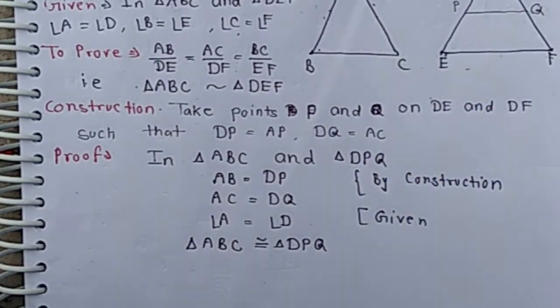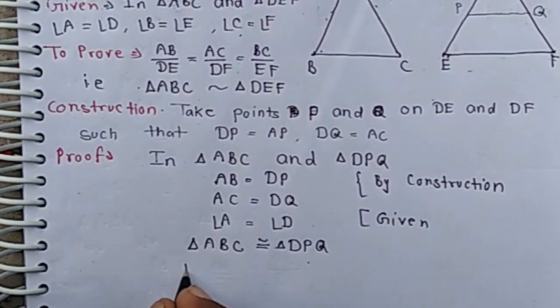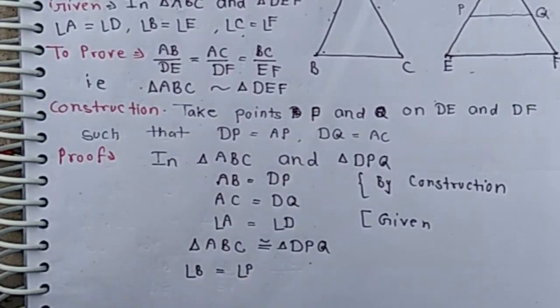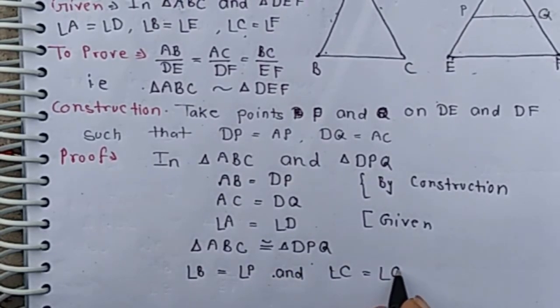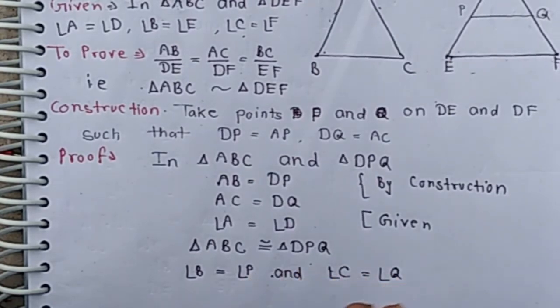Since triangle ABC is congruent to triangle DPQ, angle B is also equal to angle P and angle C is equal to angle Q. We know that if two triangles are congruent, then their corresponding sides and corresponding angles are equal.